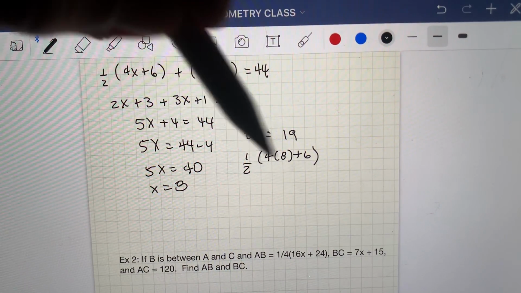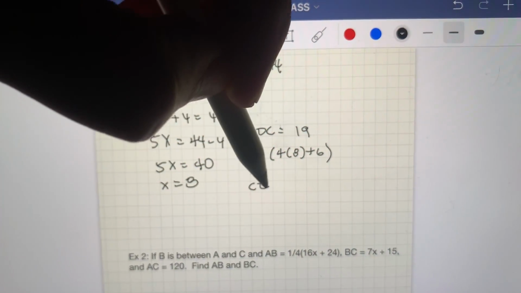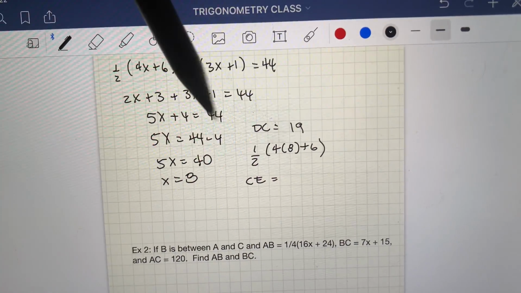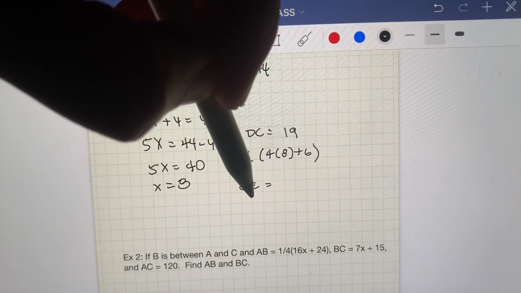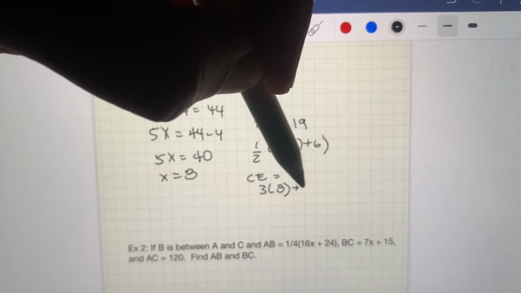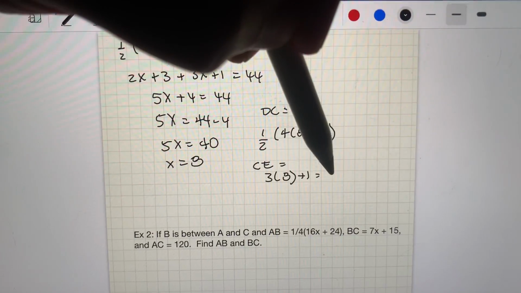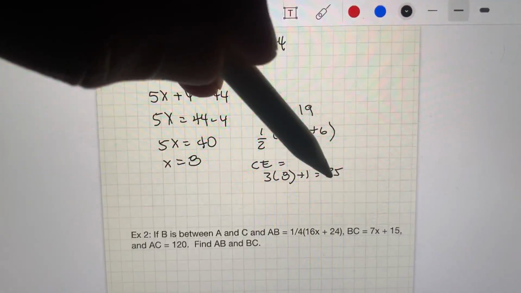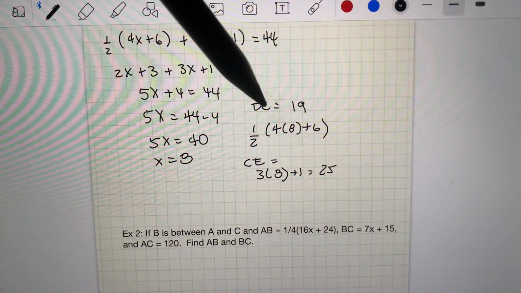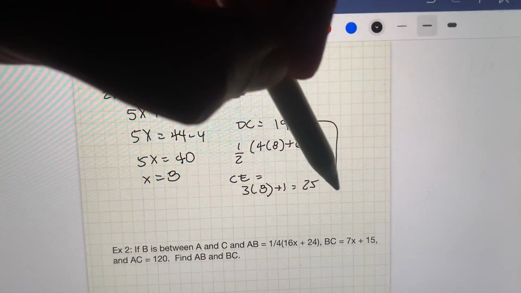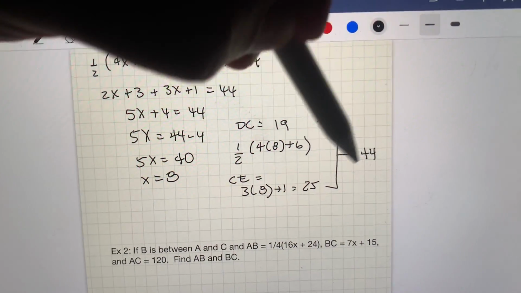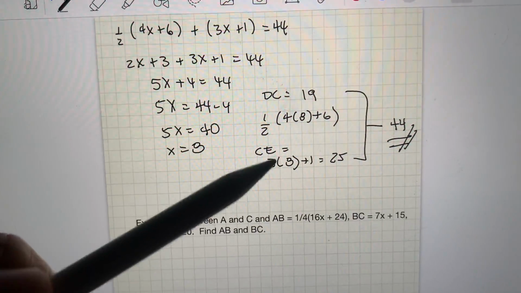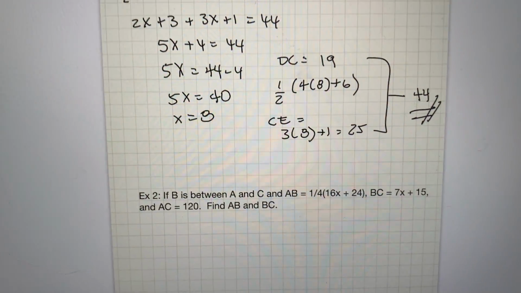And then the segment CE is going to be 3x plus 1, so 3 times 8 plus 1, that would be 24 plus 1 is 25. So now we know that 19 plus 25 equals 44. Now we verified that DC plus CE equals 44, which is the beginning of the problem.